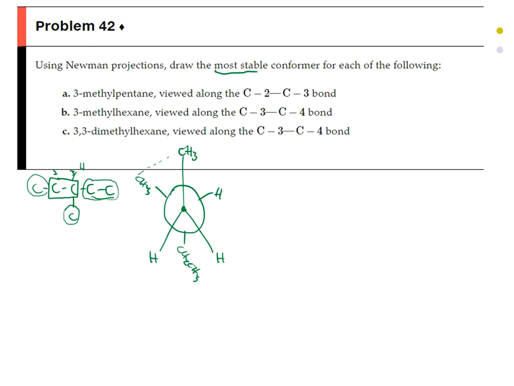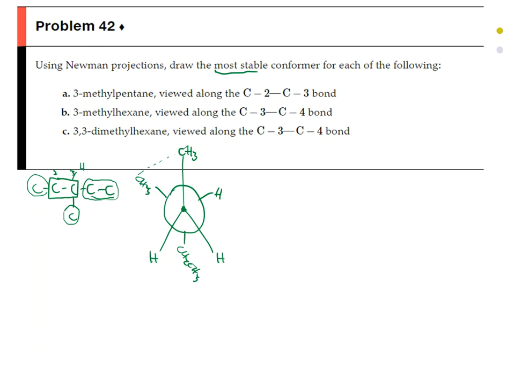You're already, by defaulting, getting this biggest house over on this side, directly opposite of that one. And whatever comes on the block, that's just what comes to the block. And this CH3 group has to be there. I know it's right beside of that CH3 group, but there's nothing else that you can do about it. So this is the most stable conformer around the C2-C3 bond of that particular molecule.